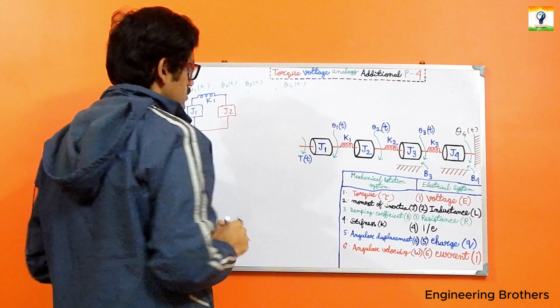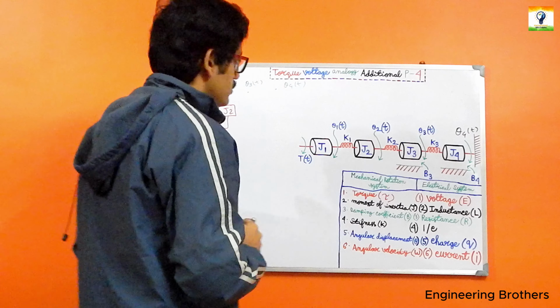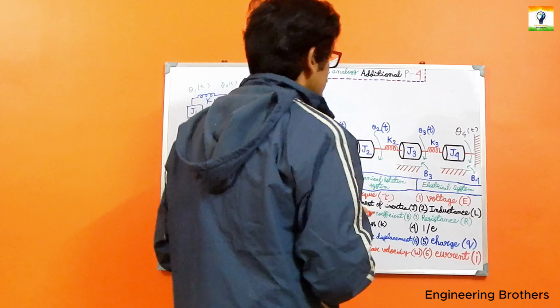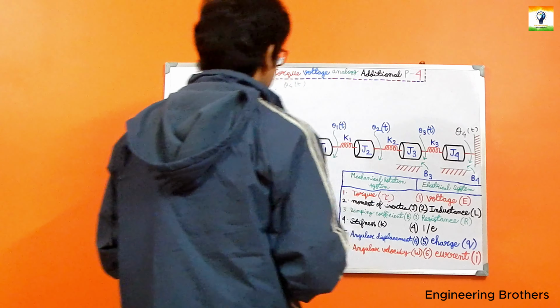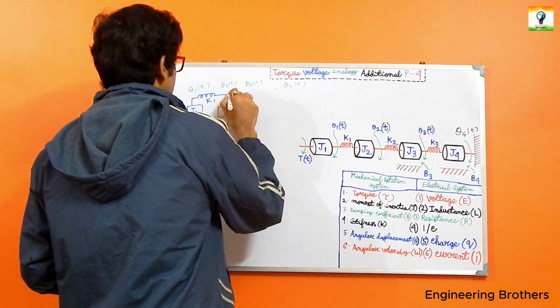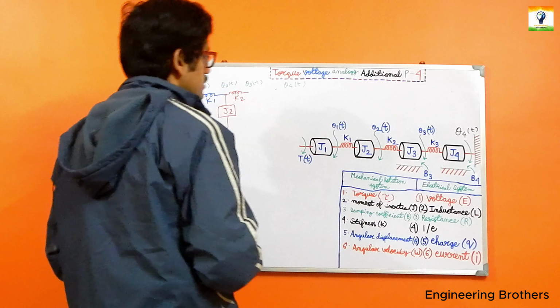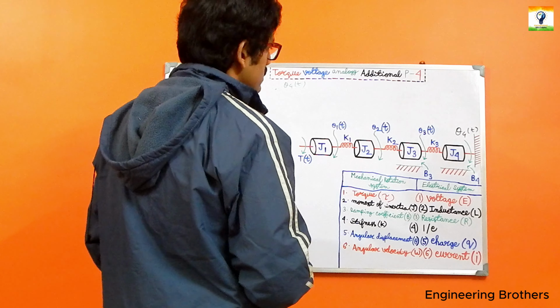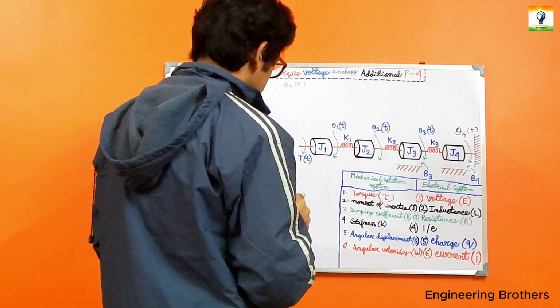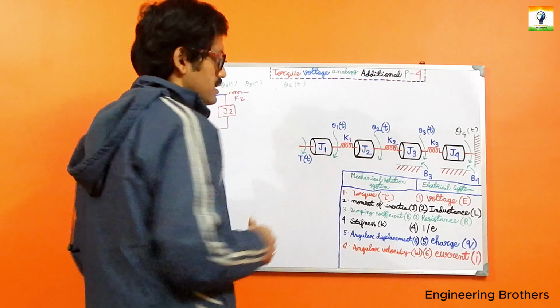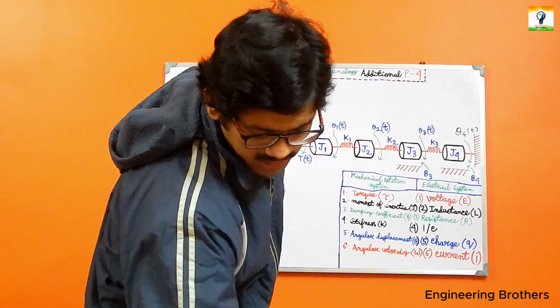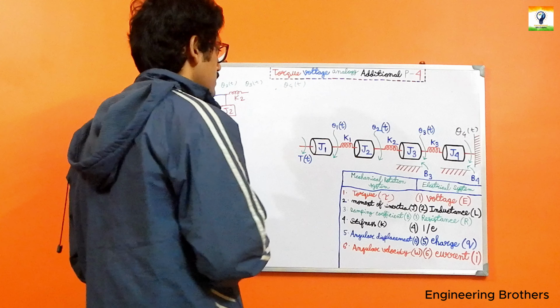In between theta 2(t) and theta 3(t) we have K2, so this is our K2 that has been connected. With theta 3(t) we are going to connect J3. So this is our J3 that has been connected over here.